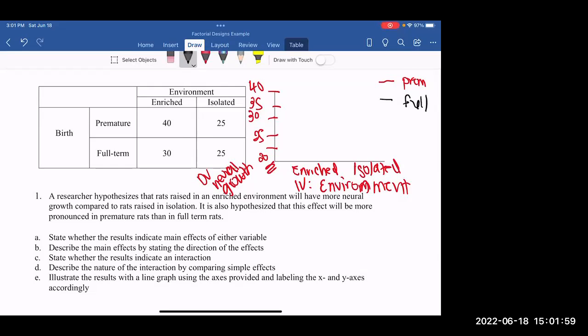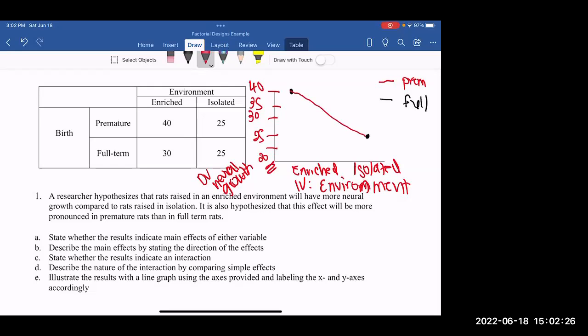So for premature, the enriched value was 40. Okay. And the isolated value was 25. Okay. And then we need to plot this in red.